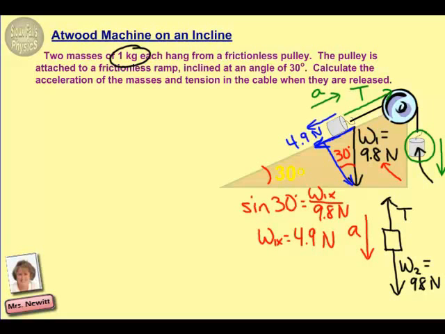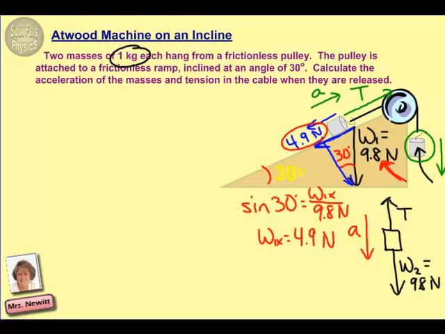We do not compare tension to this 9.8 newtons here, because that 9.8 newtons is directed straight down. Instead, we compare tension to the 4.9 because it is that component that is directly opposite the tension. With that in mind, we're now ready to write our equations.